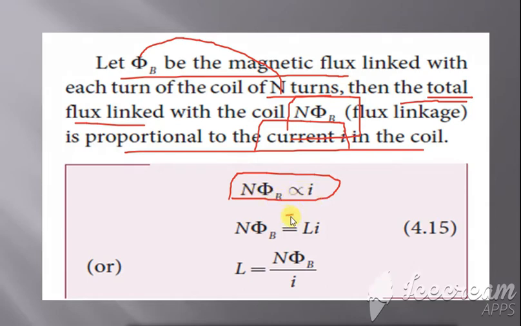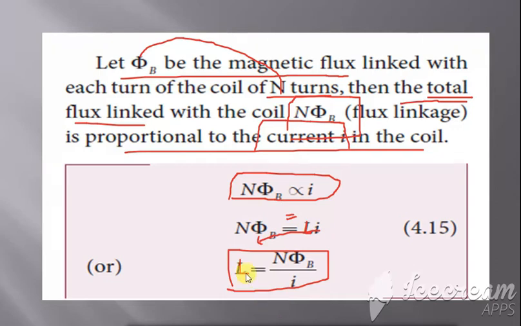Now, to remove this proportionality, we introduce a constant, L. So N phi equals L into I. Now, if we want only L, we bring the term I down. So we get L is equal to N phi divided by I, where N is the number of turns, phi is the magnetic flux, I is the current, and L is said to be the self inductance.